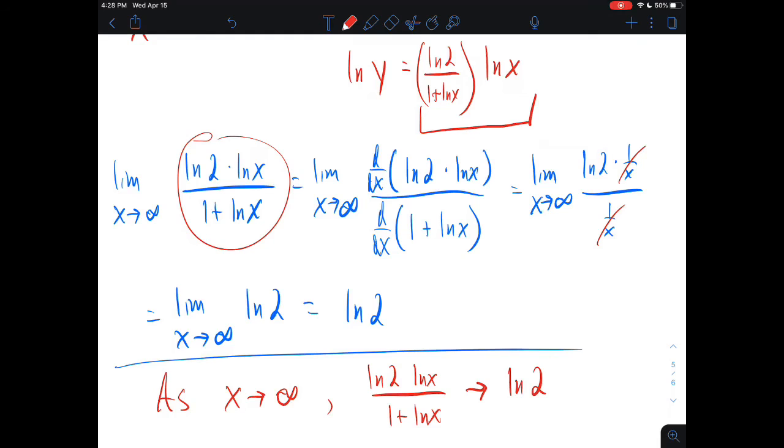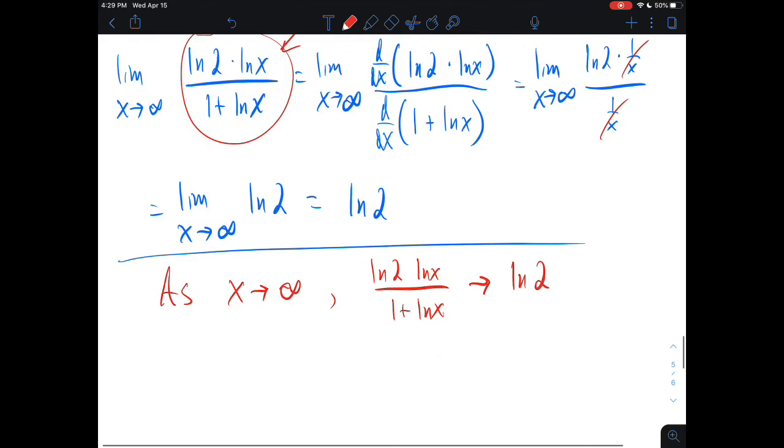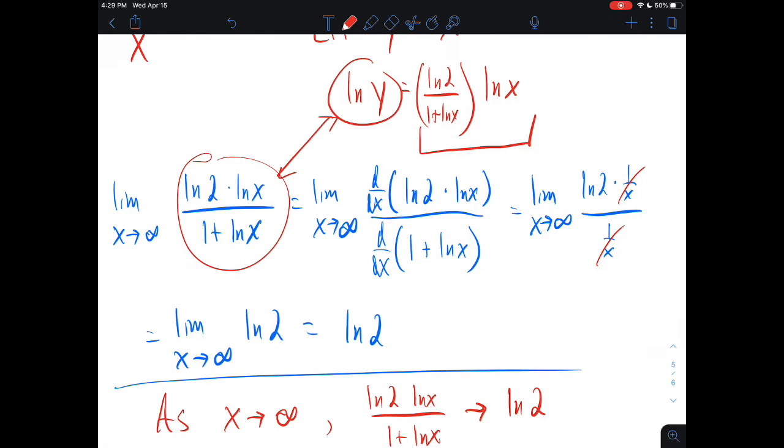This is kind of like a rational expression where you have the same degree in the numerator and denominator. But that fraction that we just wrote is the same thing as the natural log of y. So as x approaches infinity, the natural log of y approached the natural log of 2, because natural log of y is the same thing as that fraction.